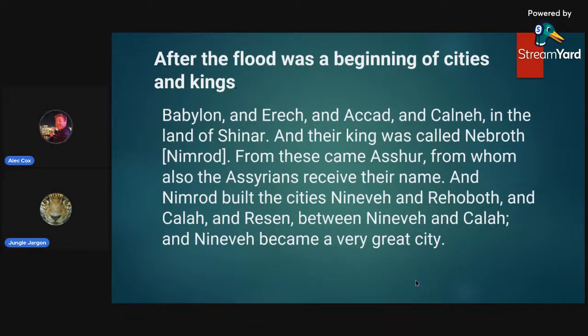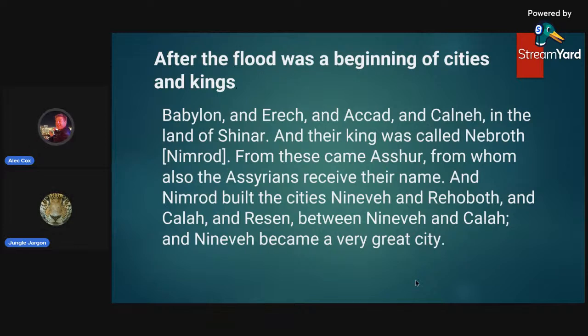So after the flood, there was the beginning of cities and kings. You had Babylon, Erech, Akkad, which is Sargon of Akkad, which I believe was Cush. Then you have Calneh in the land of Shinar, and their king was called Nebroth, which is Nimrod in the Akkadian, and then you have Babel. From these came Asshur, from whom all the Assyrians received their names.